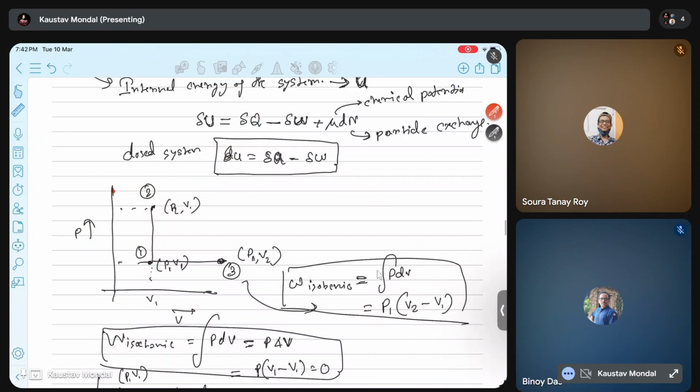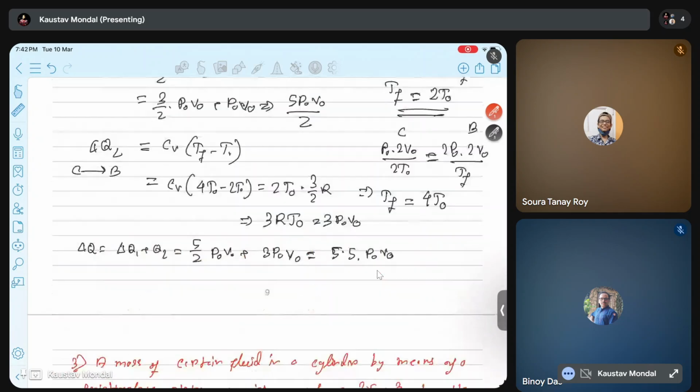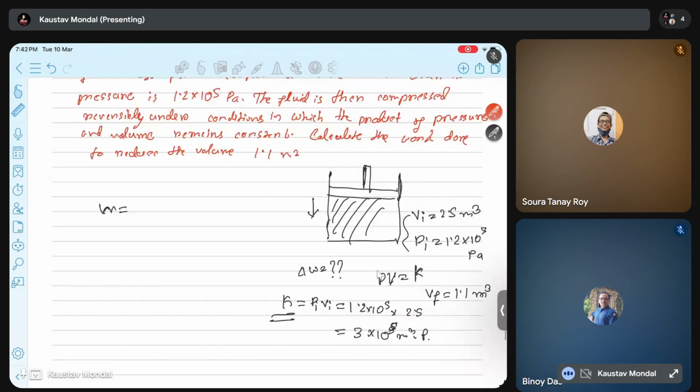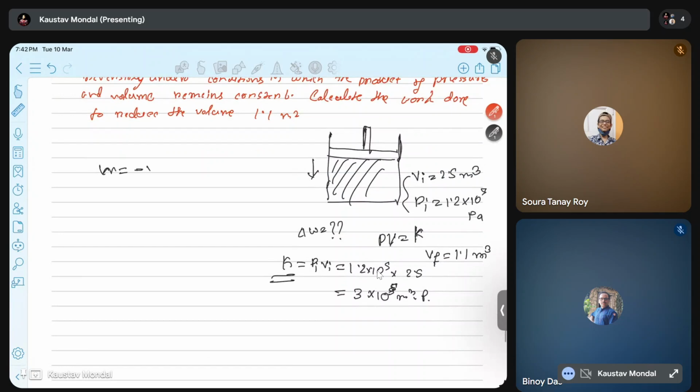Okay, so the work done should be minus of the work of isothermal, so minus of K into ln Vf by Vi.